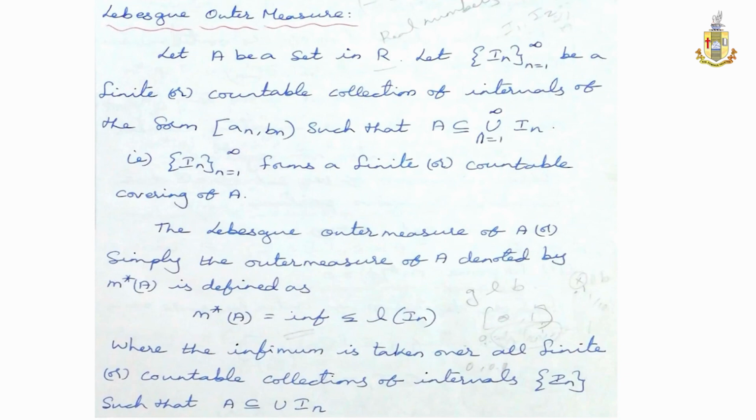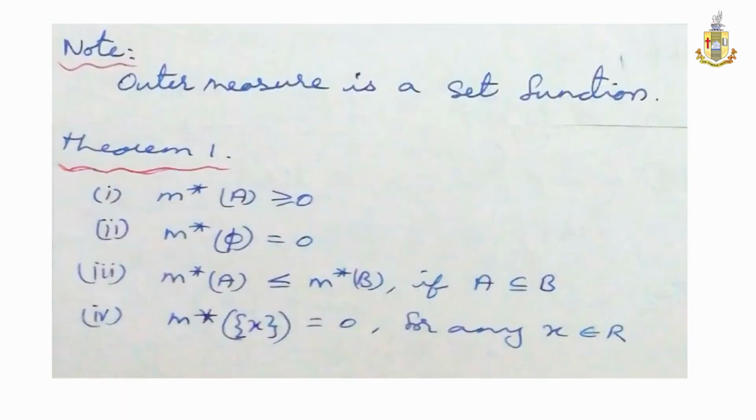That is, In forms a finite or countable covering of A. The Lebesgue outer measure of A, or simply the outer measure of A, is denoted by m star of A and is defined as m star of A is equal to the infimum of summation L of In, where the infimum is taken over all finite or countable collections of intervals In such that A is contained in or equal to the union of In. So from this definition, it is noted that outer measure is a set function.